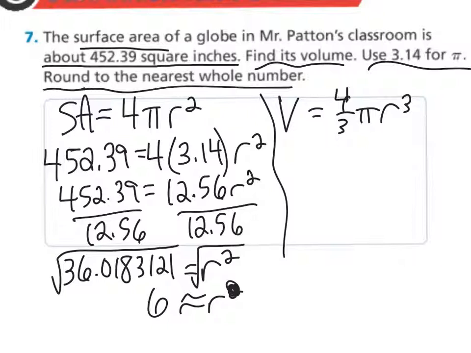Technically, they're just saying round to the nearest whole number would be our answer, but this is actually what they did, just rounded that off. It's really, really close to 6.